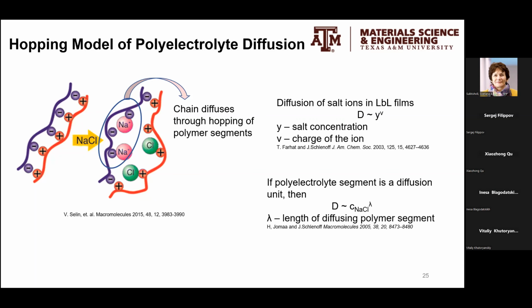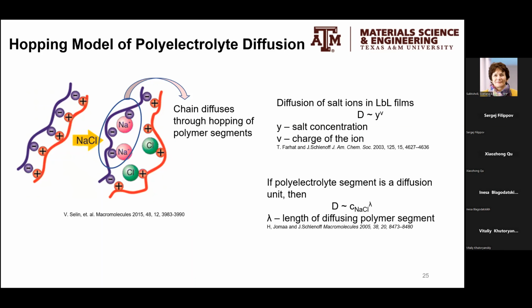From this model, a slightly different scaling follows, with diffusion proportional to the salt concentration to the power of lambda. Lambda is called length, but in reality, it's just the number of polymer segments involved in a single hopping event.